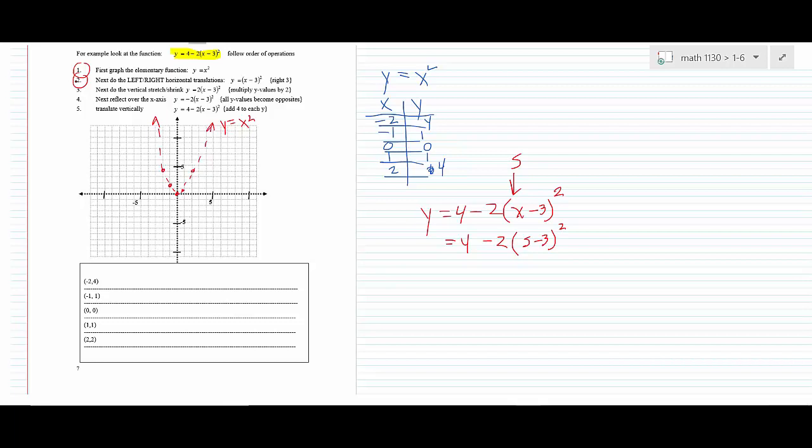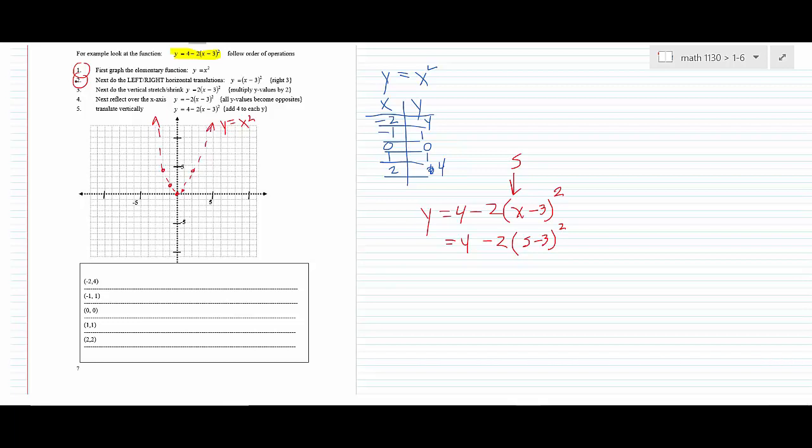Then multiply by -2, which stretches and reflects at the same time. And then the final thing you would do is add 4, and that moves everything up. So in a sense, you're doing that right 3, then multiplying by -2, which stretches and reflects, and then adding 4, which makes it go up like that.